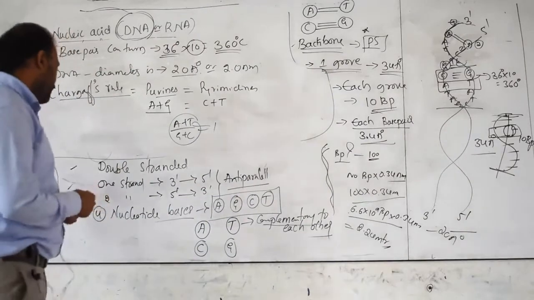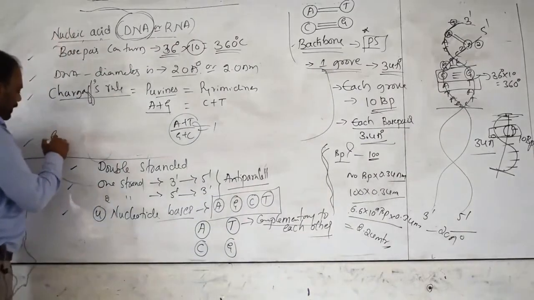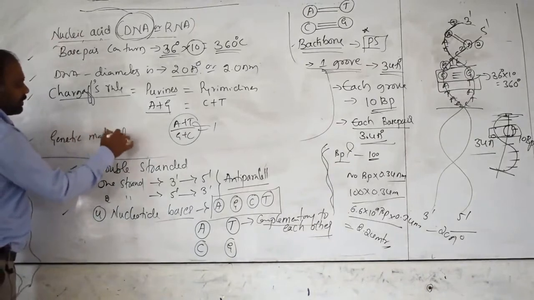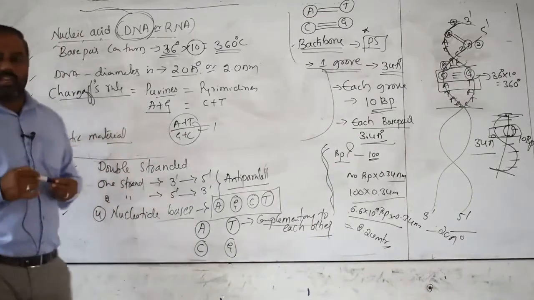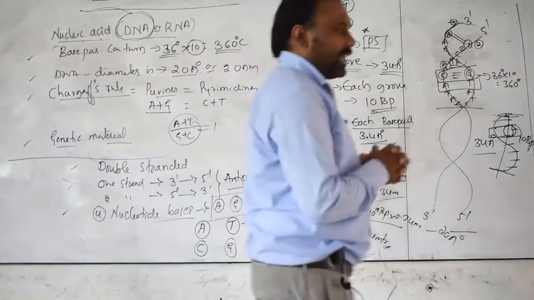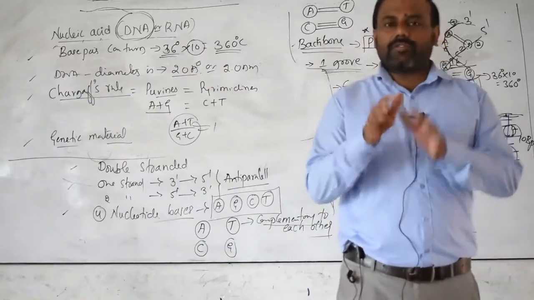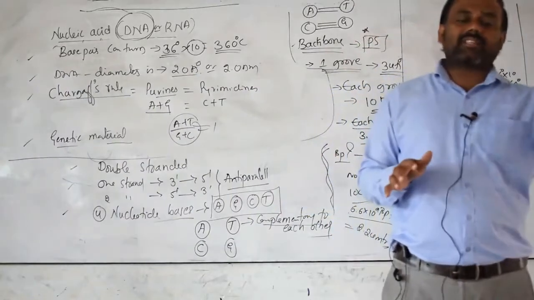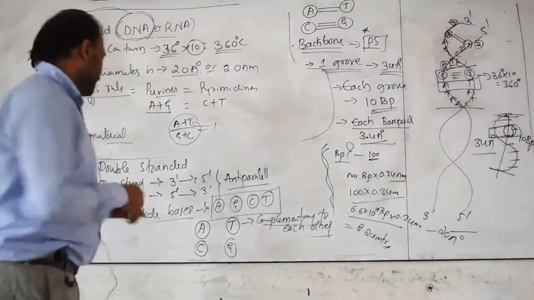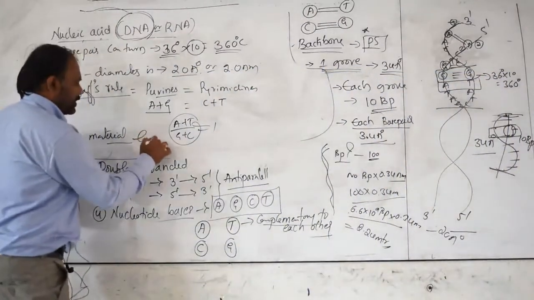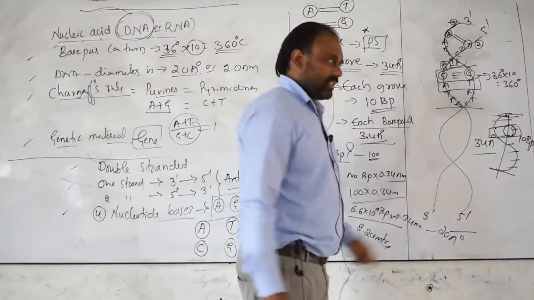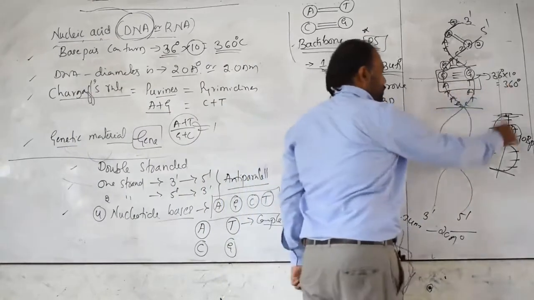And the most important point is that this DNA acts as genetic material. The word genetic material refers to that which can carry information from one generation to the next generation, in the form of genes. When you take the long length of DNA, somewhere you will have a functional segment.